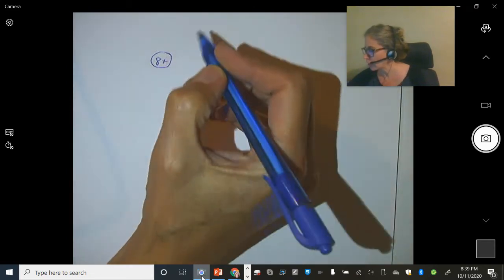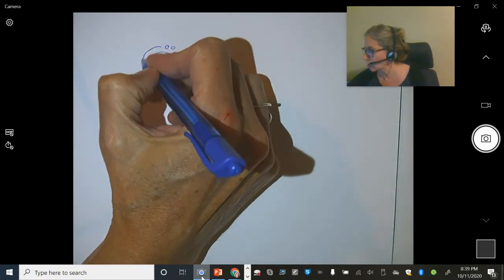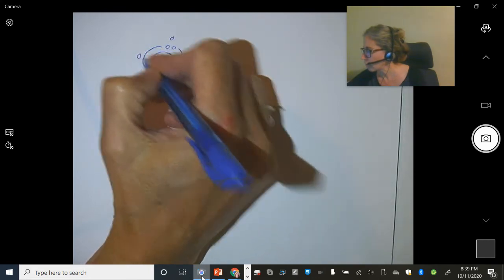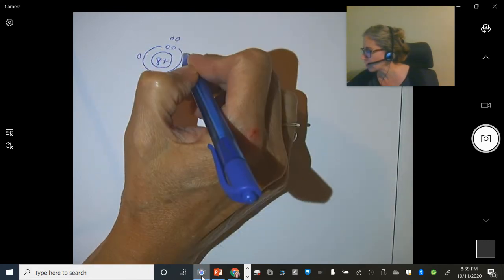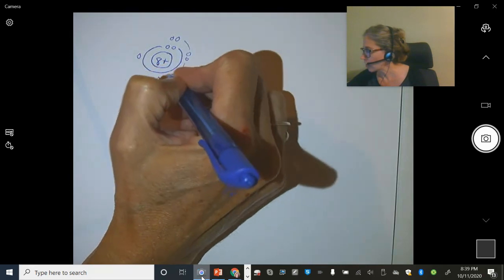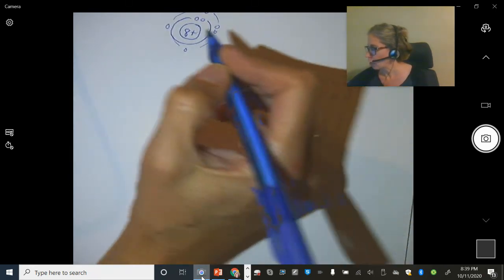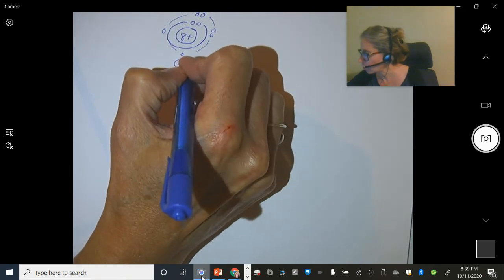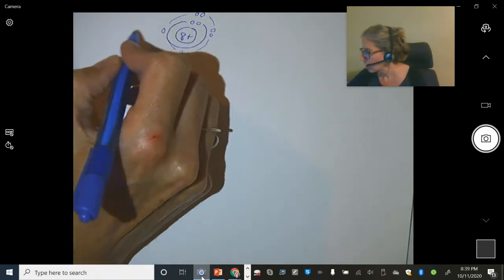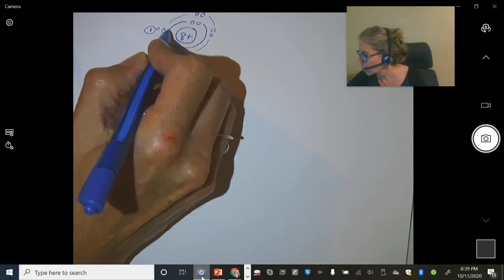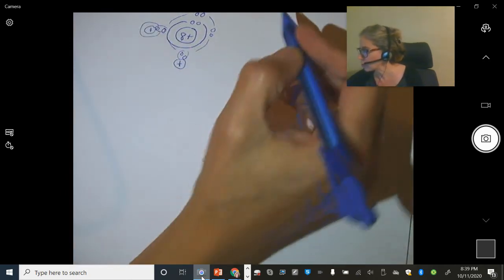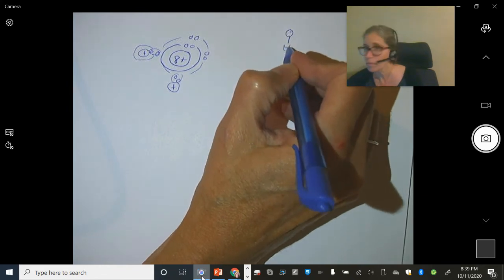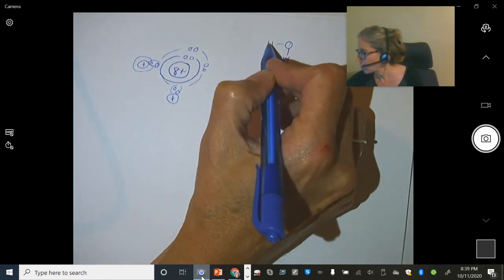And so oxygen has 8 protons, and so that means it's going to have 8 electrons. 1, 2, 3, 4, 5, 6, and then we'll double them up, 7, 8. So that's oxygen. And then hydrogen is going to have 1 proton with 1 electron, and they'll share these, and 1 proton here and 1 electron, and they'll share those two. So that's my water, which maybe I could draw like this if I wanted to.